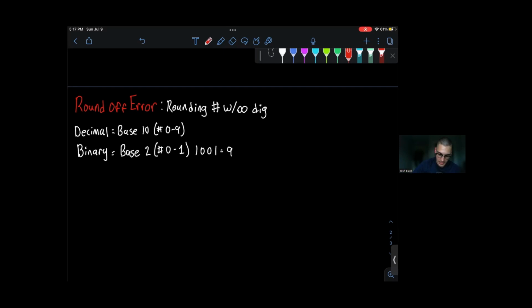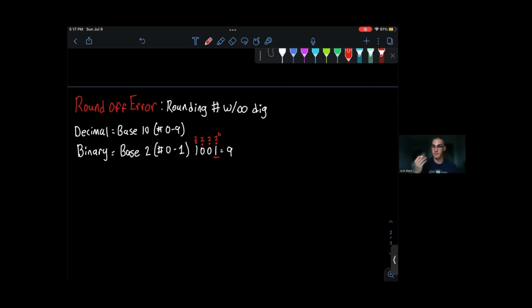The way we do this is we multiply each number by 2 and we raise it to the exponent of whatever place it is in from right to left, starting from 0 and going all the way up to how many numbers we have. So this one here is 2 to the power 0 because we're starting on the right-hand side.